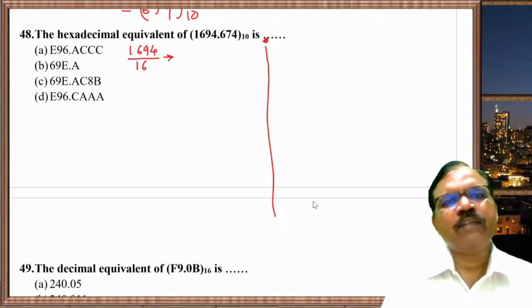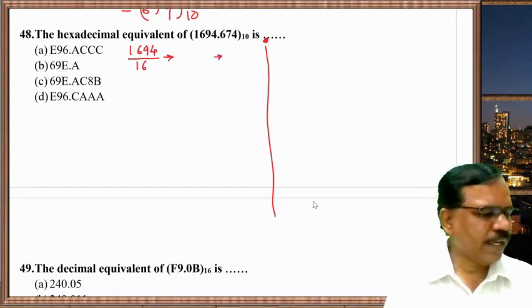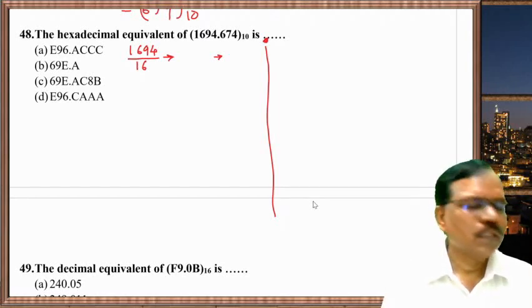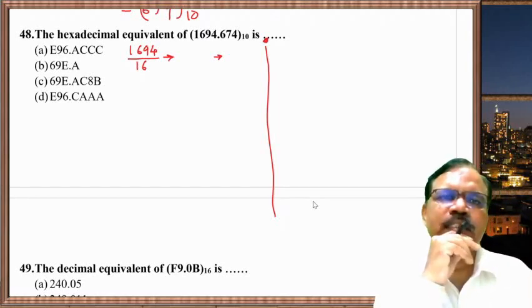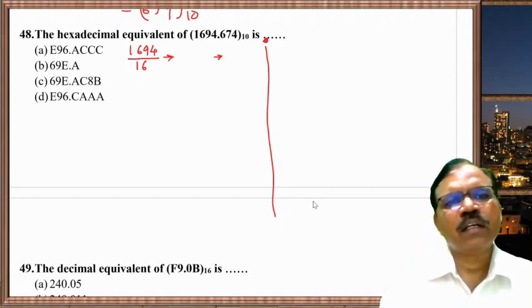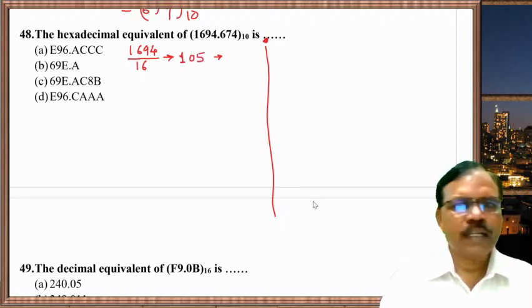We have to take division and remainder. Now if we divide this by 16, then 16 1 6 9 4. So you will get 105, and remainder is 14.